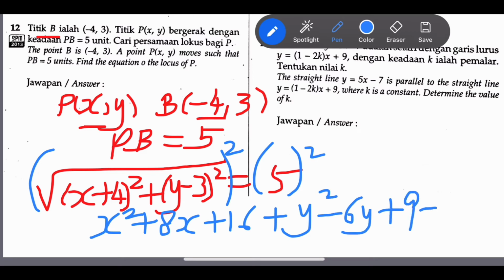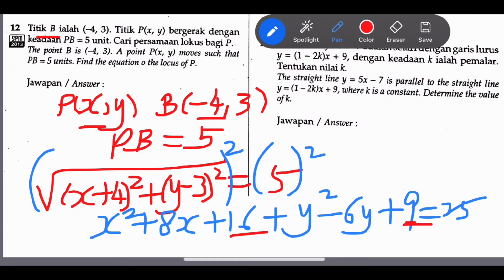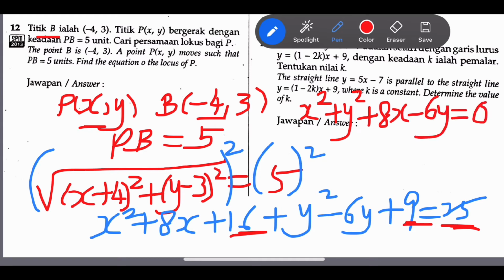So when we square both sides and simplify to the simplest form, we notice that 16 and 9, we have actually 25 on both sides. Because 16 plus 9 is 25, so we can cancel out the 25, and the locus equation must be in simplest form. x squared plus y squared plus 8x minus 6y equal to 0 is the simplest locus equation, right?